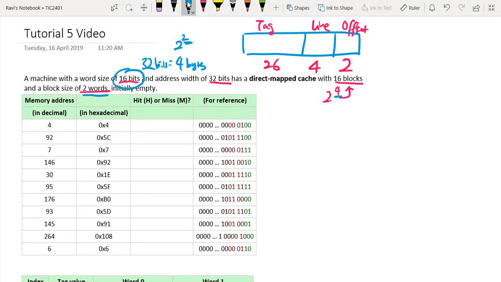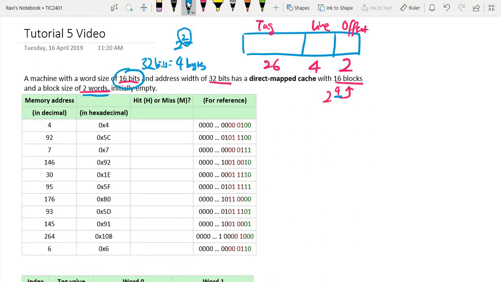After that is the byte offset within the cache line. In one cache line I have 2 words, and one word is 16 bits, so 2 words is 32 bits, which is 4 bytes. So to select the byte that I want, I need 2 bits for the byte offset, and the remaining will be for the tag.